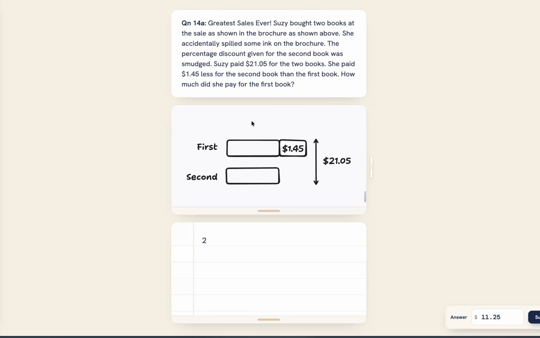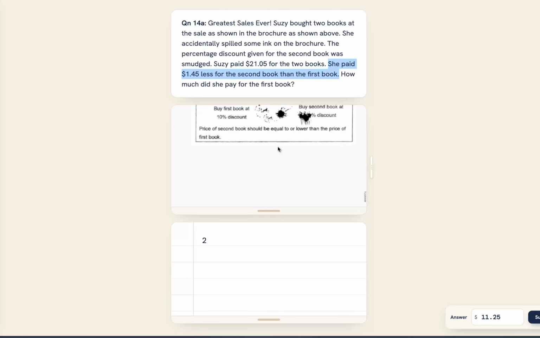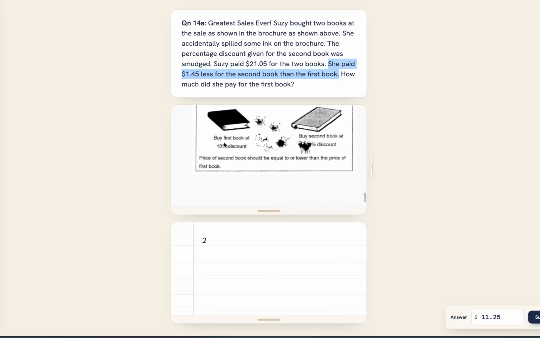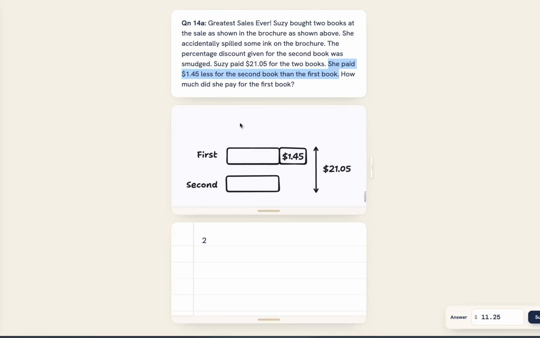So in this case, when she says she paid $1.45 less for the second book, it means the first book paid $1.45 more than the second book. From the image over here, the first book is at a 10% discount, so essentially this is 90%. Either way, the second book would then be equal to 21.05 minus 1.45, divided by 2.